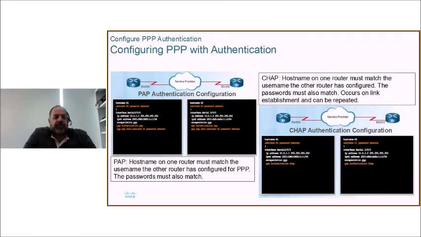All right, so here's an example of PAP, and you need to create a local database, of course. This is on R1, so we need to create a username for R2 with its password.